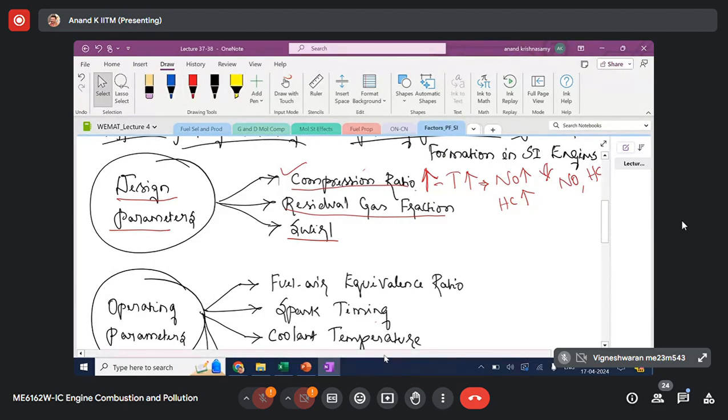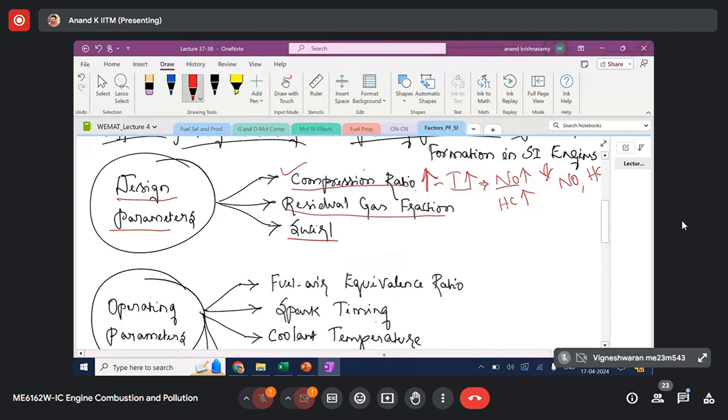When you increase compression ratio, the immediate effect is an increase in temperature. Because of higher temperature, NO formation, which is highly sensitive to temperature, is going to increase. When we analyze this parameter, you need to recollect what we have discussed about the formation mechanism of these 3 pollutants, because we are going to see how each design variable influences the formation mechanism.